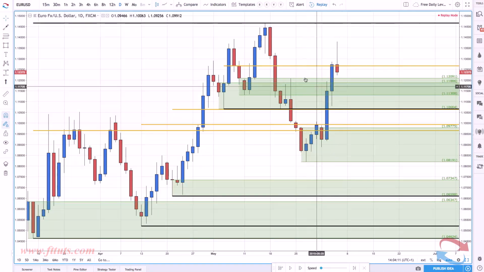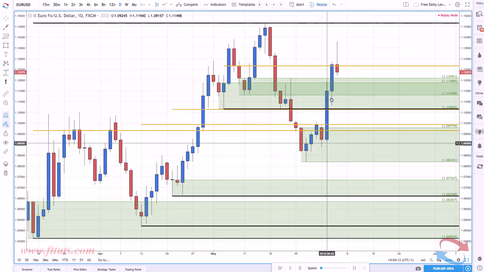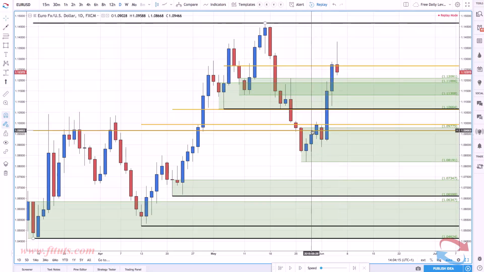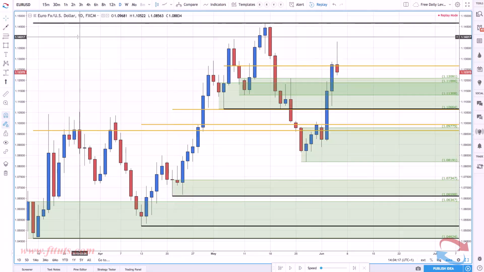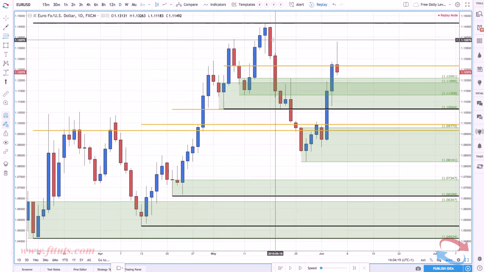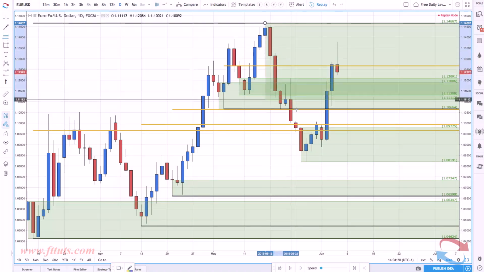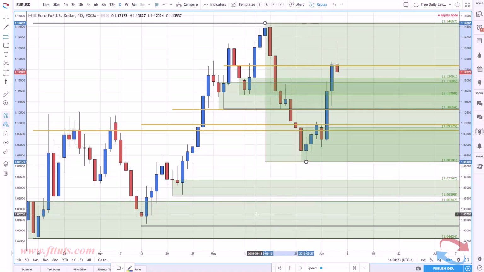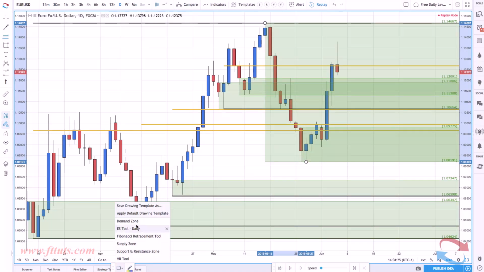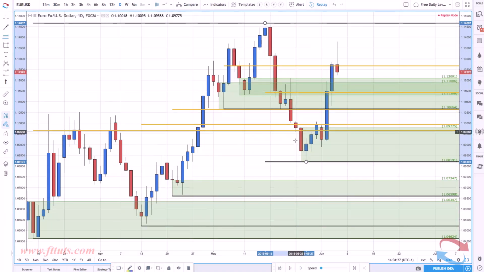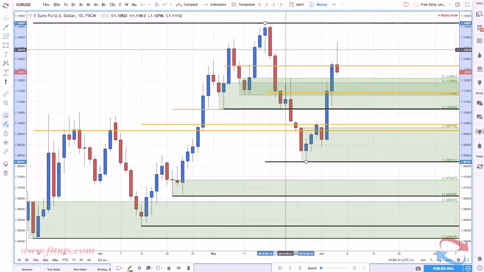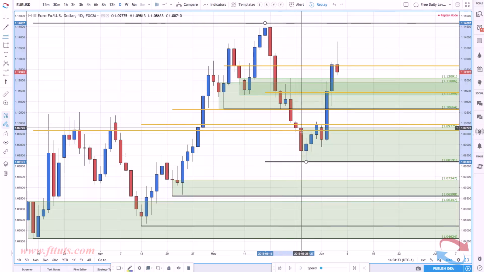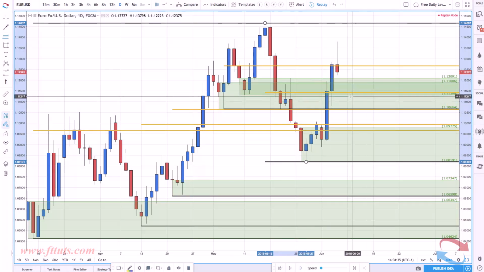So as we now create a new demand zone, we're not too sure whether prices will range between this low or that high and that low, right? So this is where we want to look to place our value range tool, just to identify potential value, right?